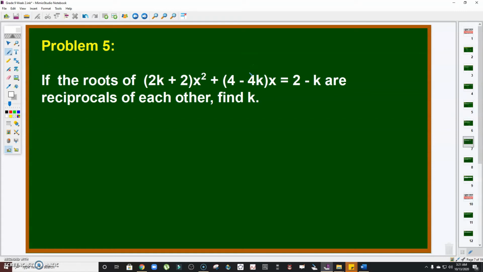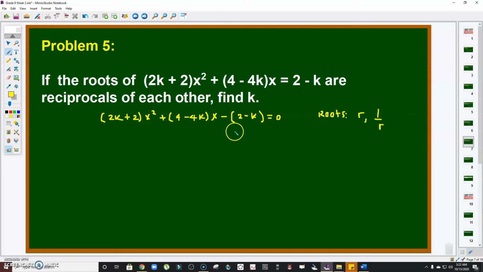So, meaning to say, if I'm going to arrange this, I'm going to have 2k plus 2 x squared plus the quantity 4 minus 4k x, minus the quantity 2 minus k equals 0. There you go. So, take note, the roots are reciprocal of each other. So, meaning to say, kung ang roots natin ay r, the other one is 1 over r.